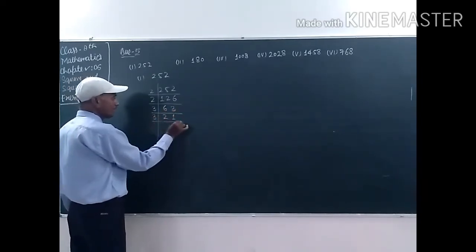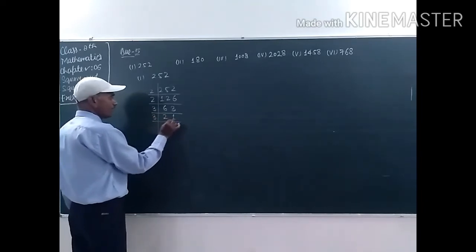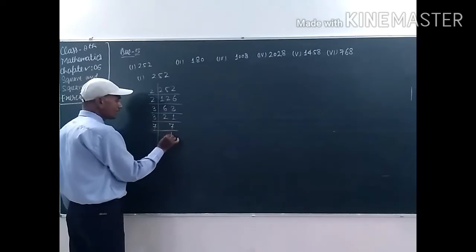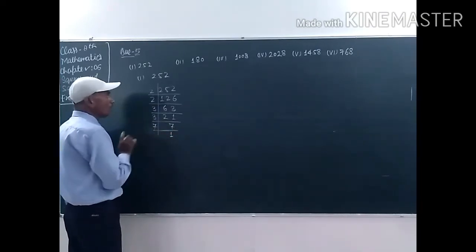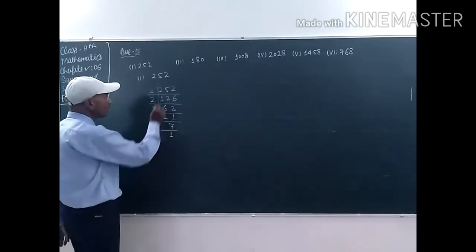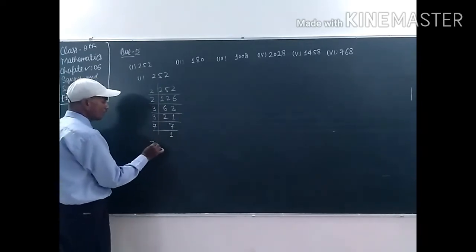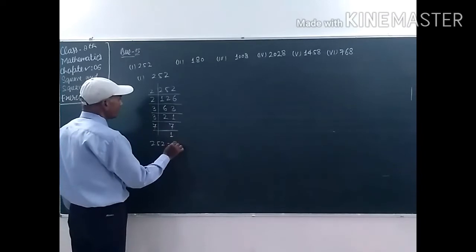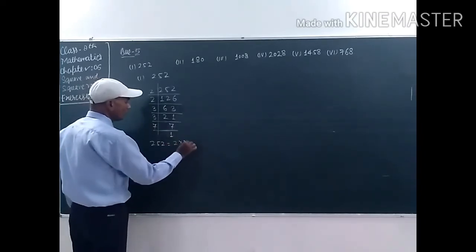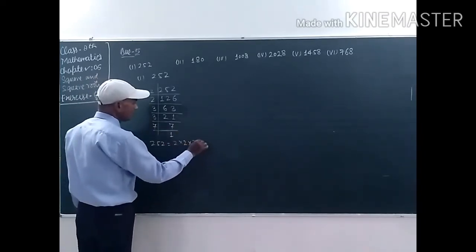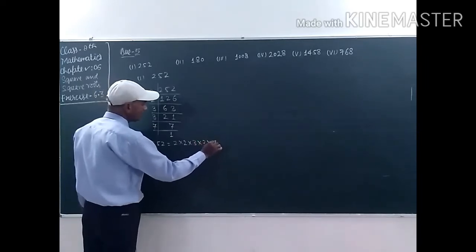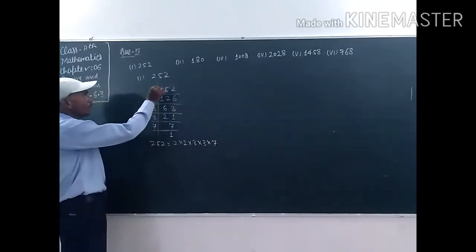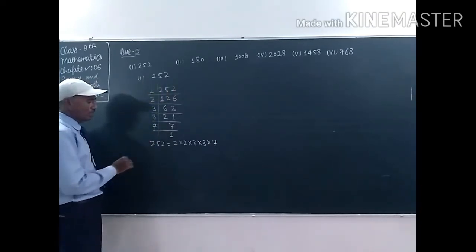Again by 3, 3 7s are 21. Again by 7, it is 1. So the prime factors of this number 252 are 2 into 2 into 3 into 3 into 7. These are the prime factors of this number 252, student.